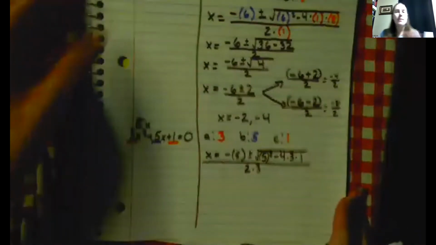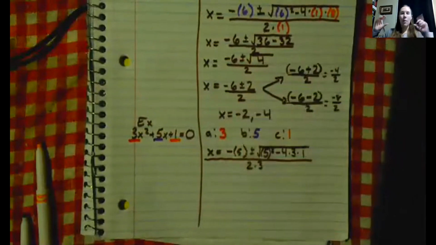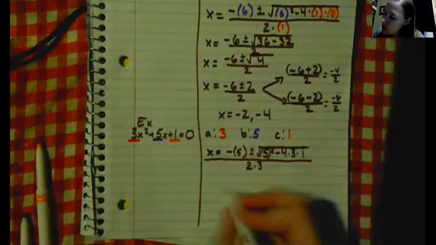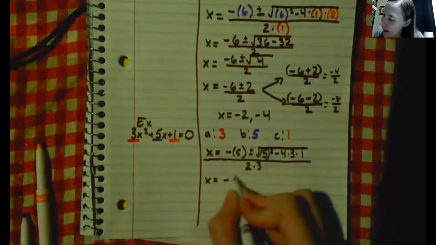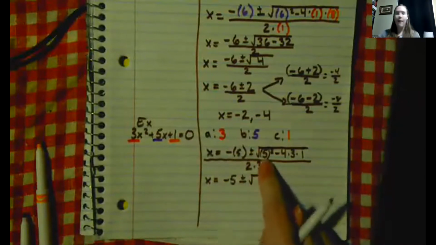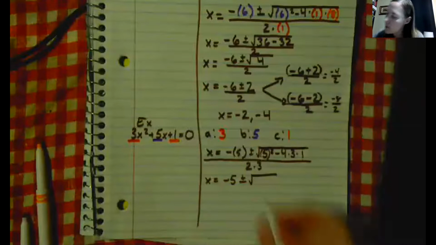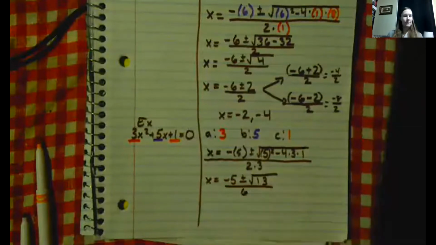So I'm going to skip some steps and not show it as in-depth as up here because I want us to have a lot of time to practice this. So our next thing we want to do is we have x equals -5 plus or minus. I got 25 minus 12 in here, which would give me 13 all over 6.